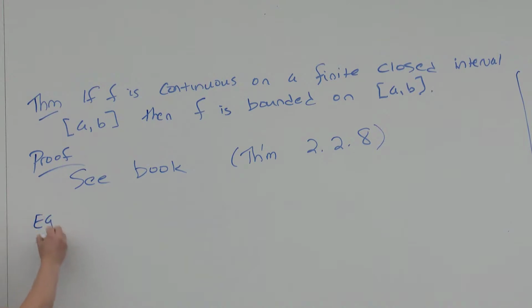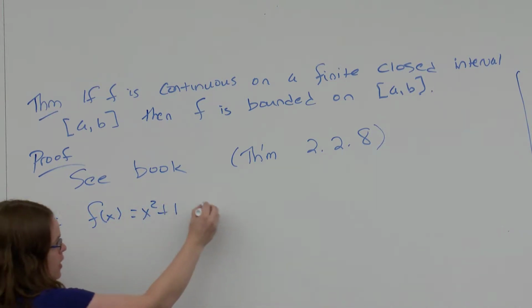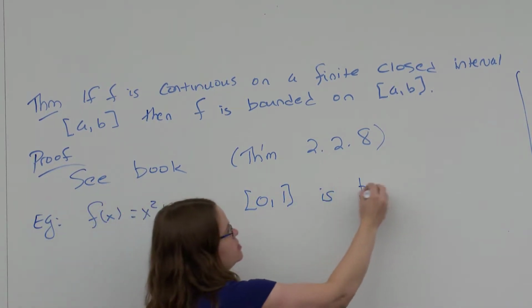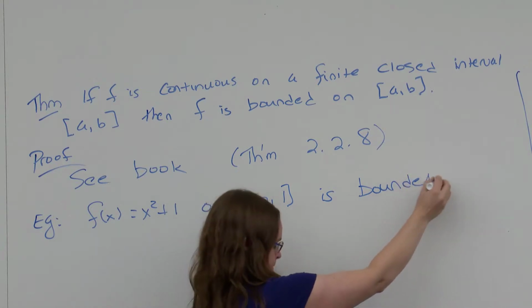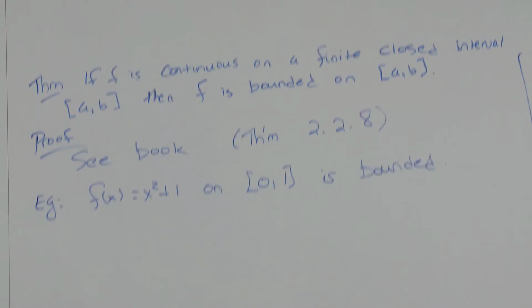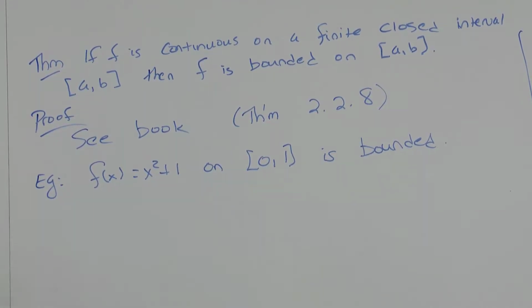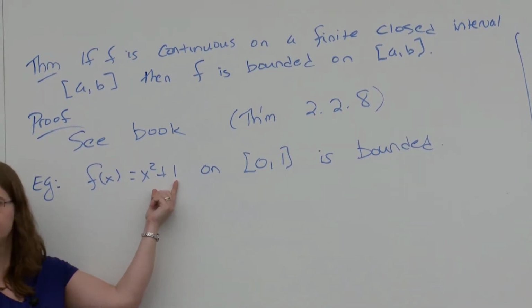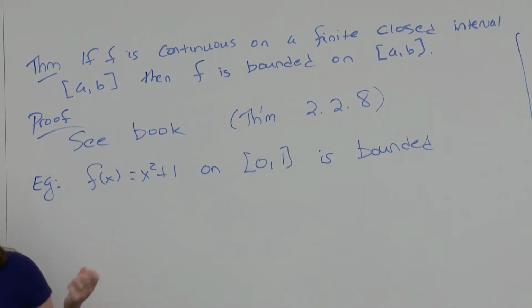So for example, if I take the function x squared plus 1 on the interval 0, 1, this is indeed bounded. Right, on this interval, the smallest we're ever going to get is f equals 1. The biggest we're ever going to get is f equals 2. Those act as bounds on this function. But we could change things up a little bit.